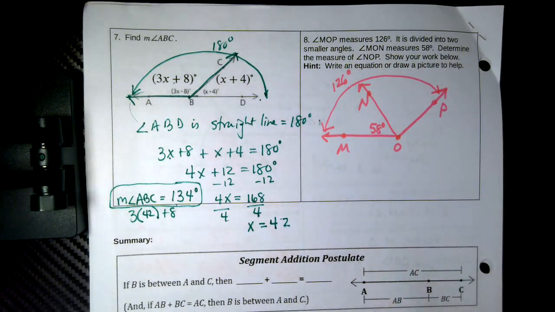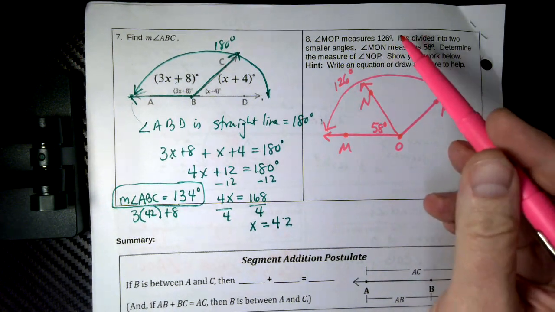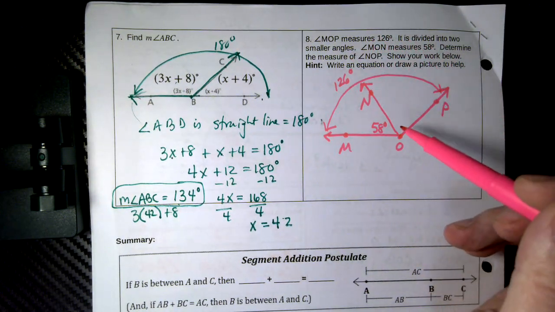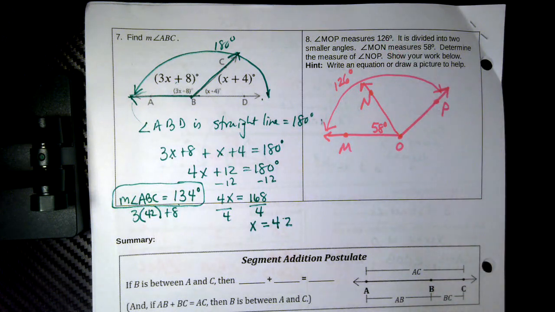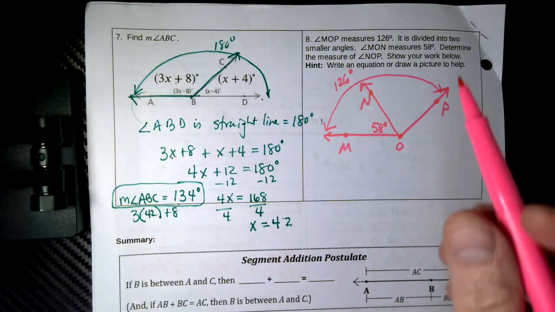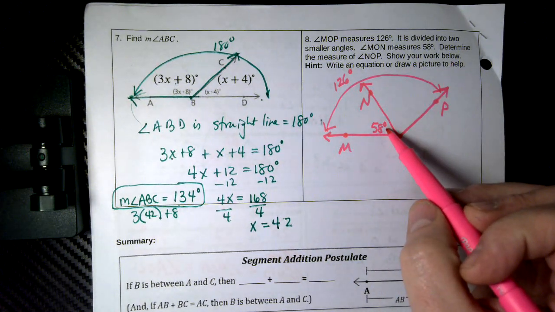So I'm doing it kind of quick, but you guys are going to have to come up with a diagram on this one. Writing this in words and then drawing it is probably a really tough thing for you guys to learn how to do. It's going to take some practice to get how to draw the diagram, and then create a model equation out of that. So MON is 58.